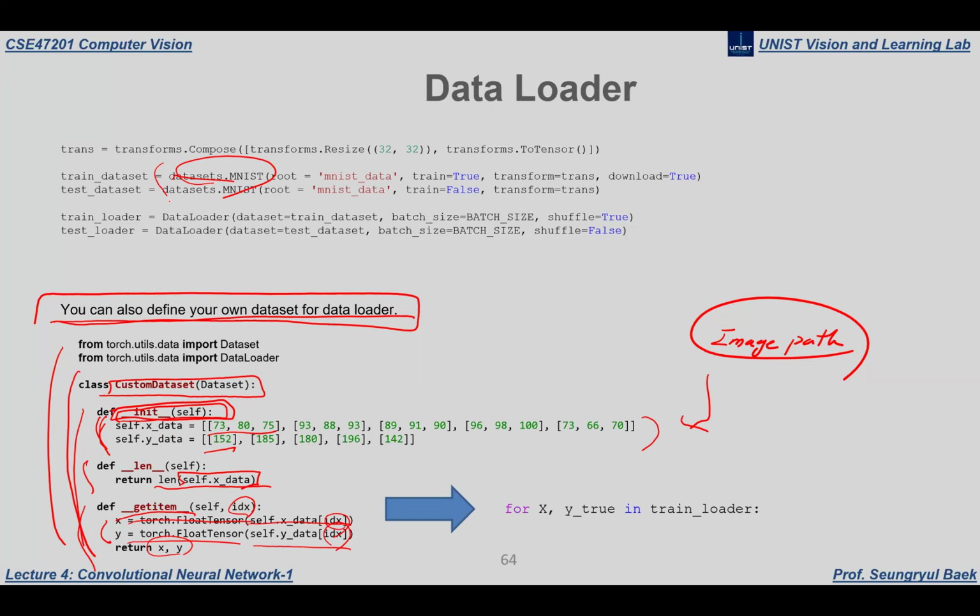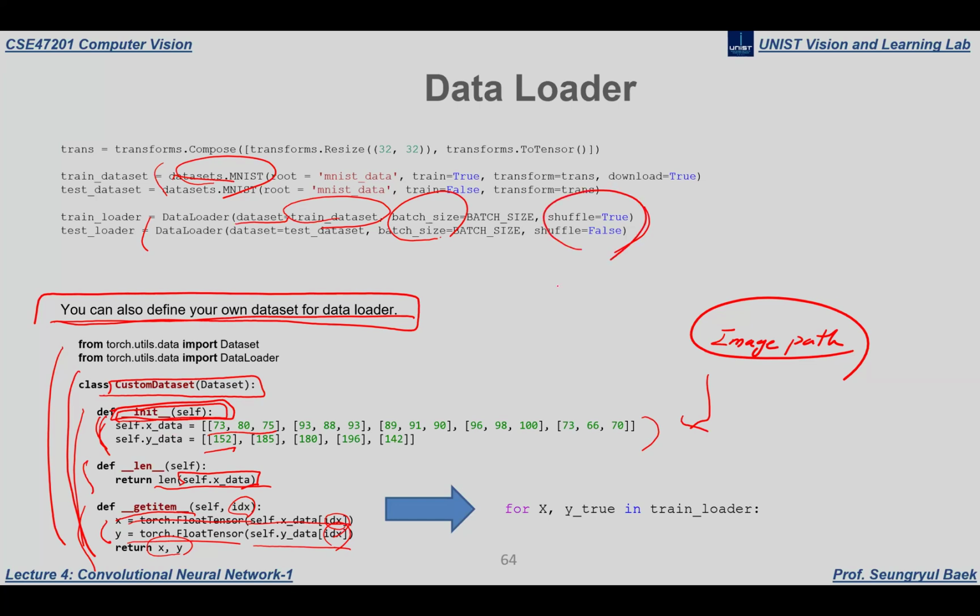And then you can input the instance into this data loader class, okay? And you can define the batch-wise processing, and also whether you will use parallel processing for data loading or not.